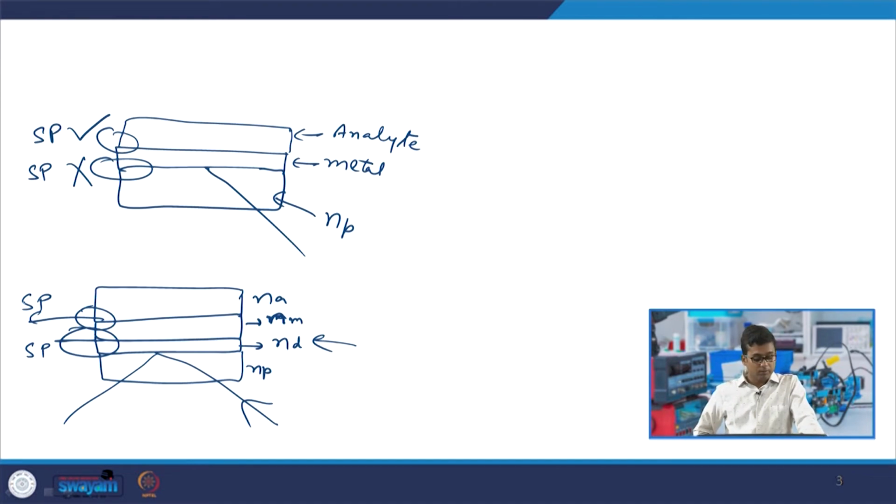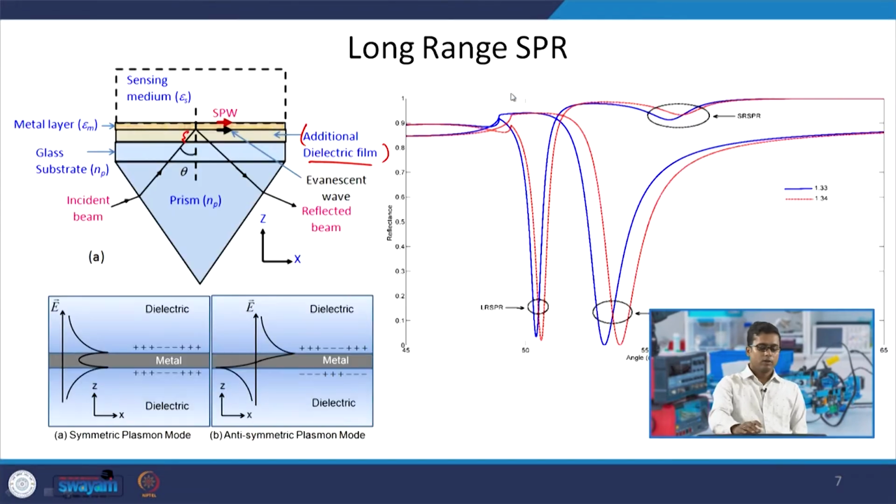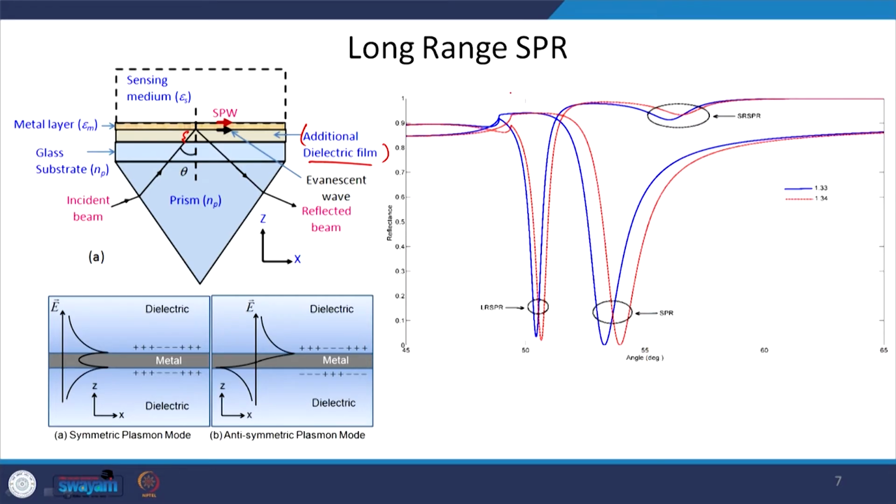What will they do? Because they are very close, they will have overlapping fields. So, if you consider a symmetric case like the IMI case, where you have a dielectric here, and you have a dielectric here also.